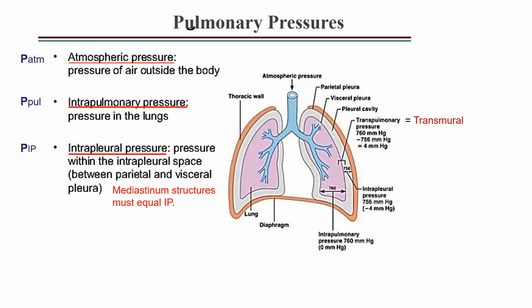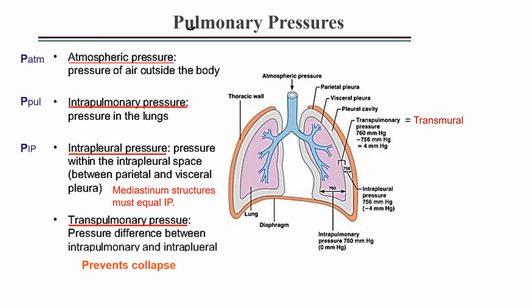All right. Keeps it in positive contact, prevents collapse. That transpulmonary pressure difference should be enough to keep that lung inflated. And if not, there's a very severe risk of what we call a pneumothorax.